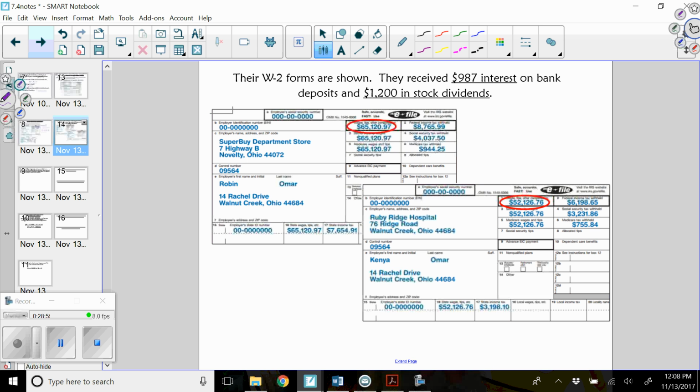Now, what did it talk to us about when we're using the forms? What can we do with our numbers? Round them to the nearest dollar. So we're going to add those two. That's their income. So let's add their incomes together.